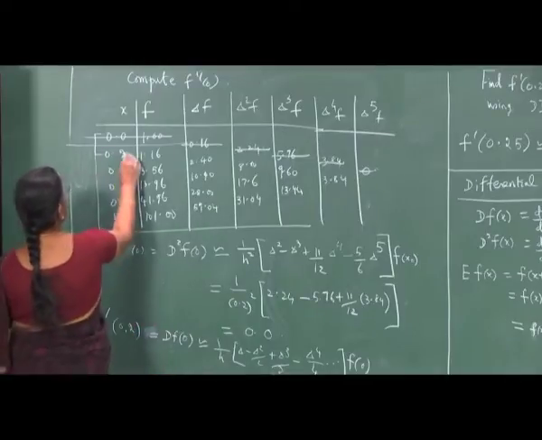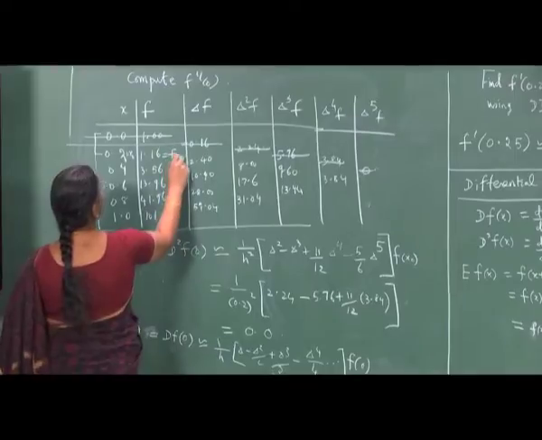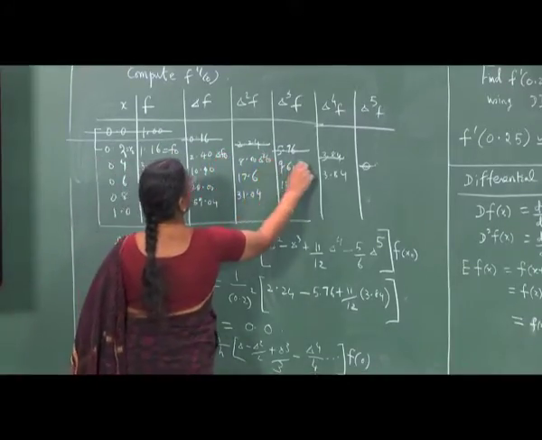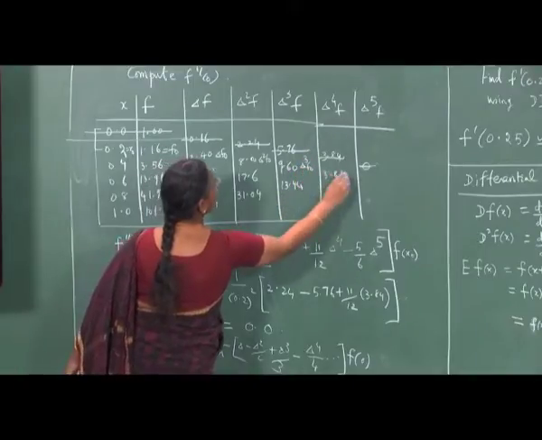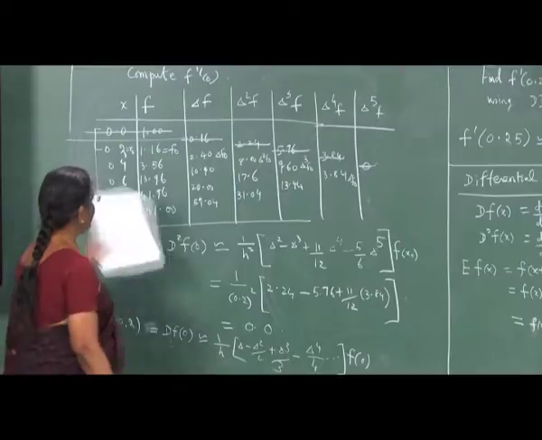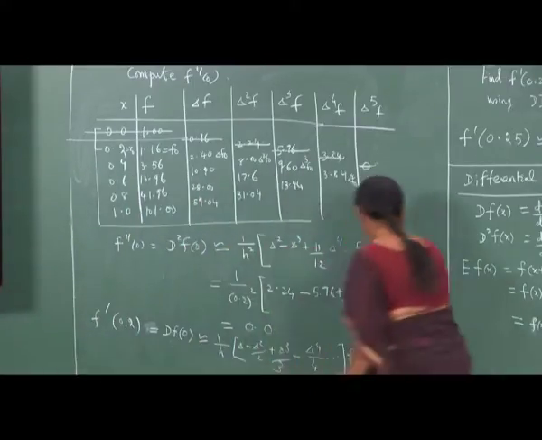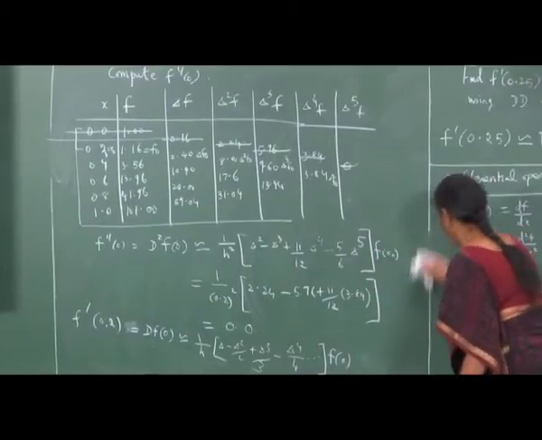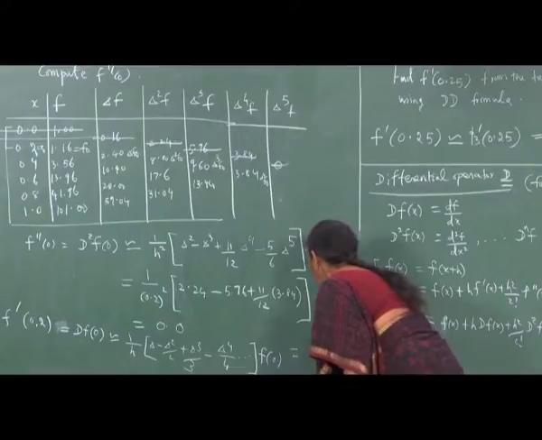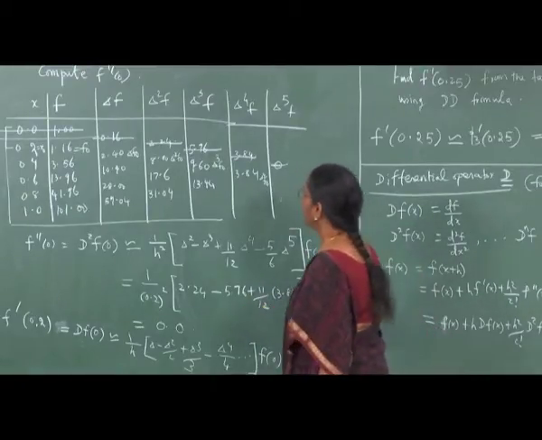So, this will be your x naught now, and so this is f naught. So, this is the first order difference, the second order difference, the third order difference, and this will be the fourth order difference. The information is available at all these points, and so substituting this, you will get 1 by h, again 0.2 multiplied by delta on f of x naught.